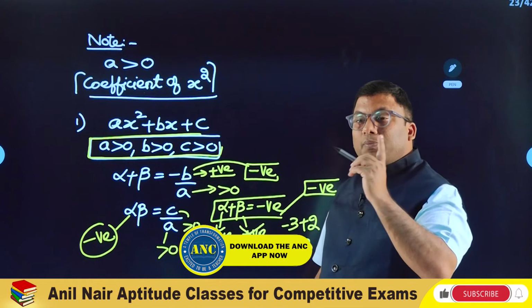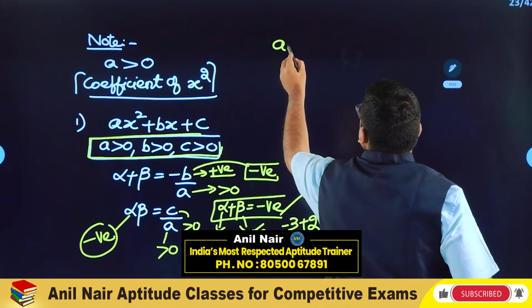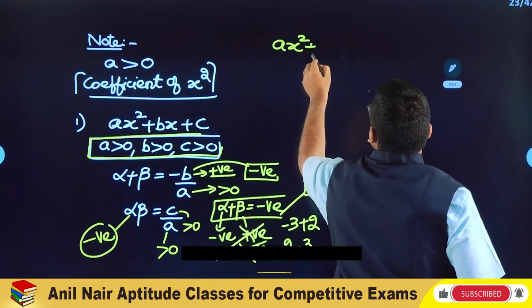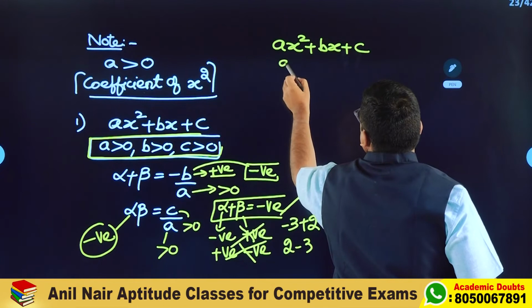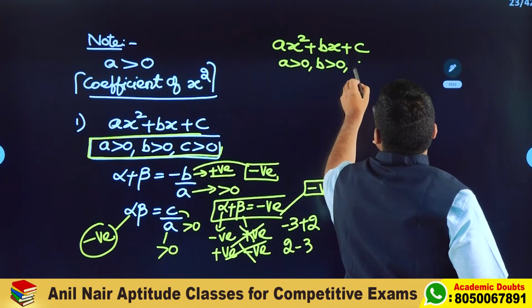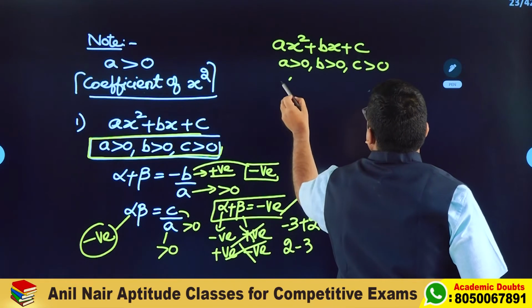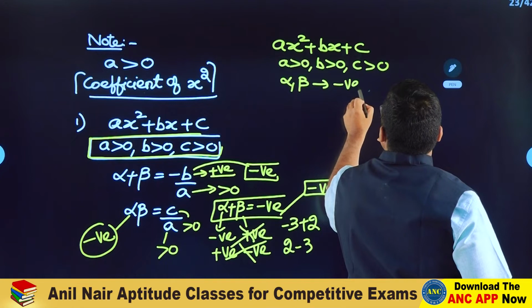Very, very important point. In a quadratic expression ax square plus bx plus c, a greater than 0, b greater than 0 and c greater than 0, alpha and beta both will be negative roots.